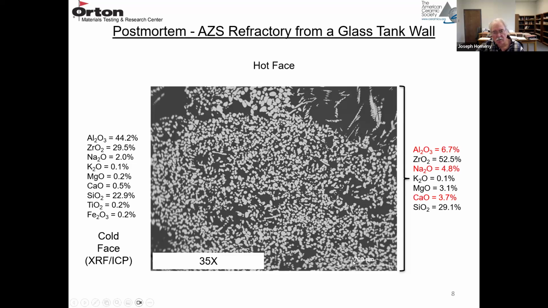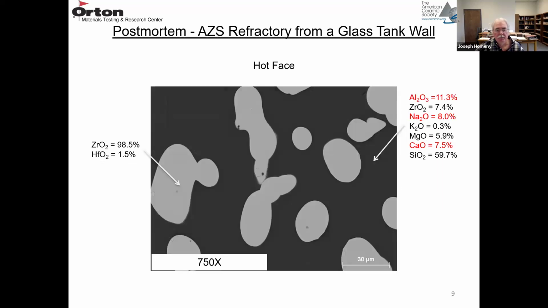But the chemistry on this micrograph here is about 52% zirconia, 29% silica. Now the alumina is highlighted here in red because it dropped to 6.7% from 44%. And then the Na2O is up to about 5 and the CaO is almost 4. So the alumina in the material has been attacked and depleted.